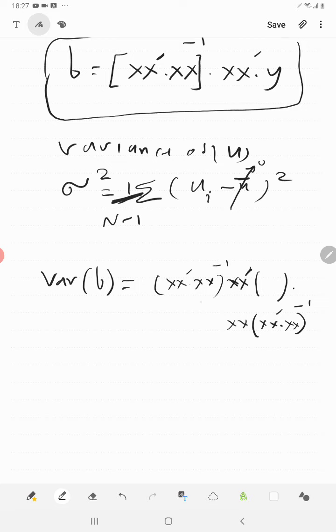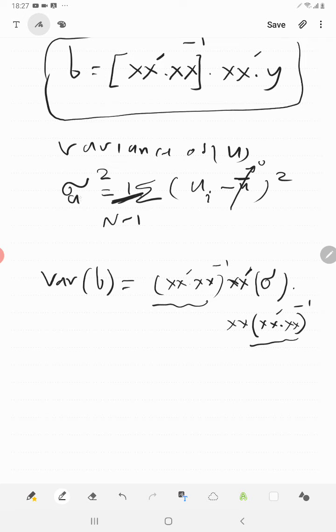This is the same here, and this here we can put as sigma.